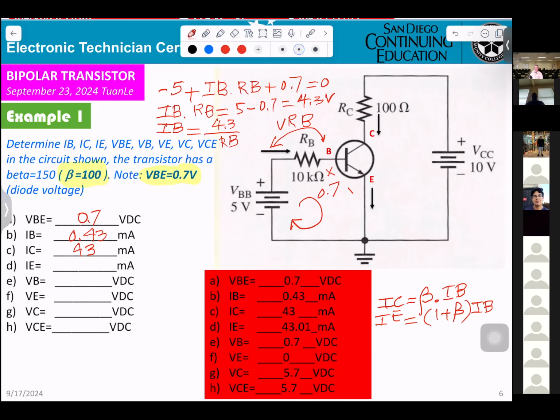So if you want to calculate the IE and you know IB, you had better use the formula 1 plus beta times IB. 1 plus beta means 101, times IB, times 0.43.